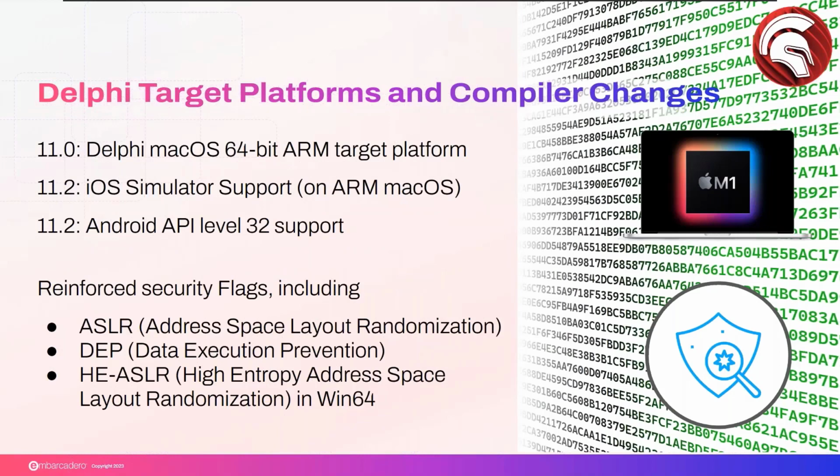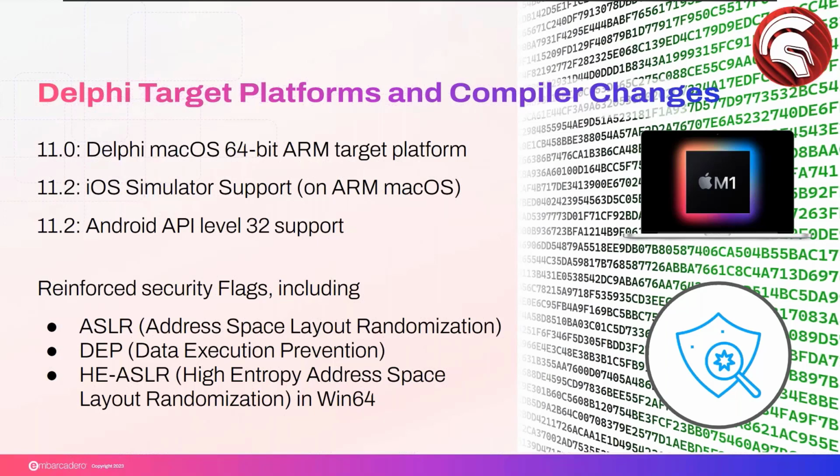And Delphi target platforms and compiler changes. In 11.0, we added support for macOS ARM-based silicon, which is known as Apple Silicon. I'm sure you've heard that Apple moved away from Intel processors. Now they're developing their own silicon. So now you can compile natively for macOS ARM-based operating systems.